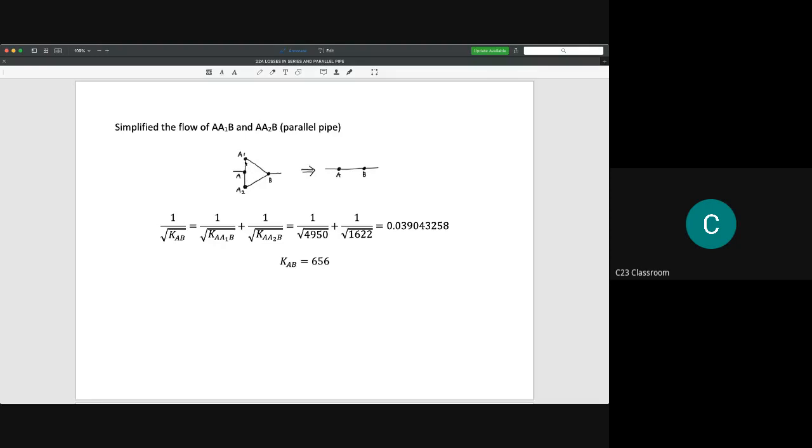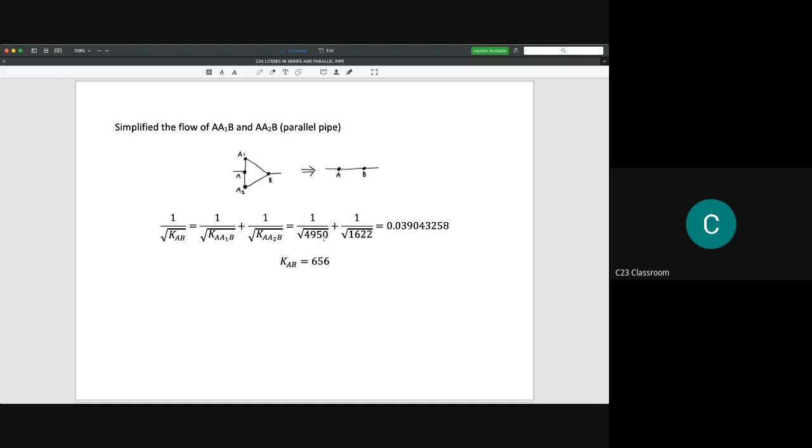Because it is parallel, we need to calculate its total K, the total resistance. So we use this equation: 1 over square root KAB, meaning the resistance from here to here, is the summation of 1 over square root KAA1B plus 1 over square root KAA2B.